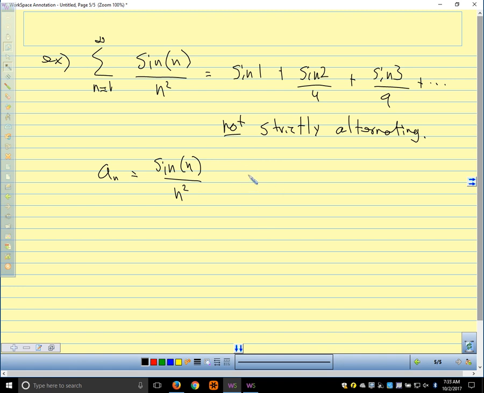The absolute value of a sub n is less than or equal to what can I compare this with? What's the largest that sine of n ever gets? 1. So this is less than or equal to 1 over n squared. When I take the absolute value, sine n is going to be between negative 1 and 1.